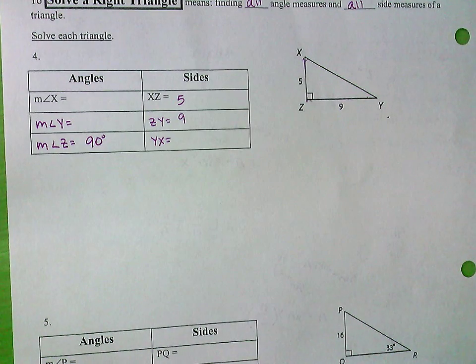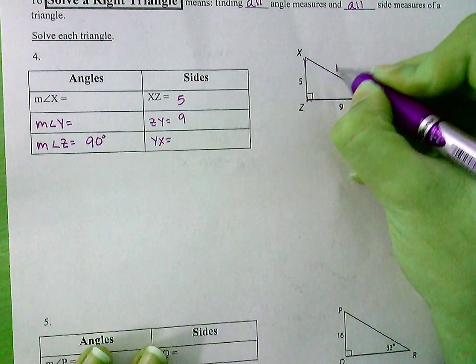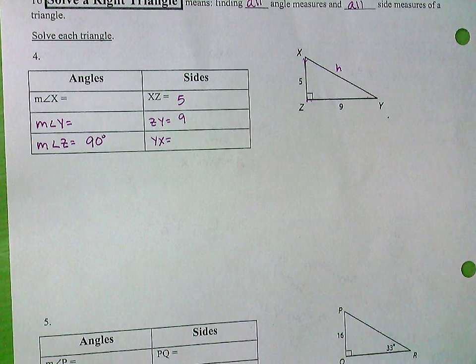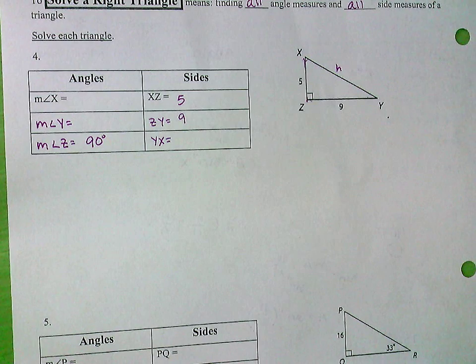So first thing I'm going to do, I'm going to find this hypotenuse here. How can I find the hypotenuse? What's an easier way to find your hypotenuse? What did we do the first day that we learned in chapter 8?